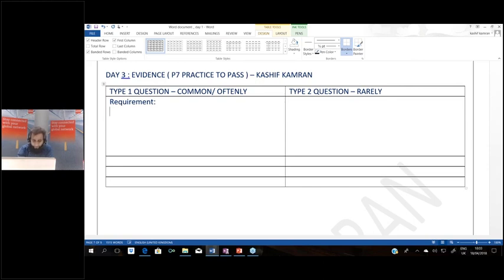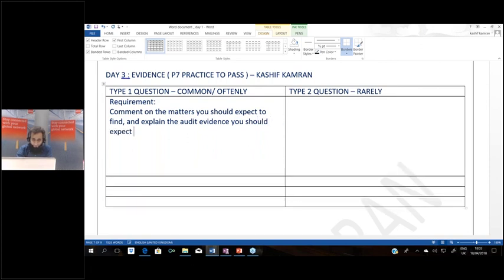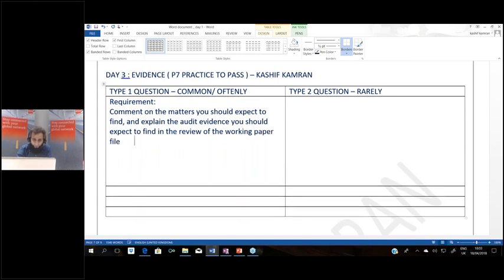The requirement is: comment on the matters you should expect to find, and explain the audit evidence you should expect to find in the review of the working paper file. Now, that is a complete question. This is the type 1 question which comes in the exam paper.